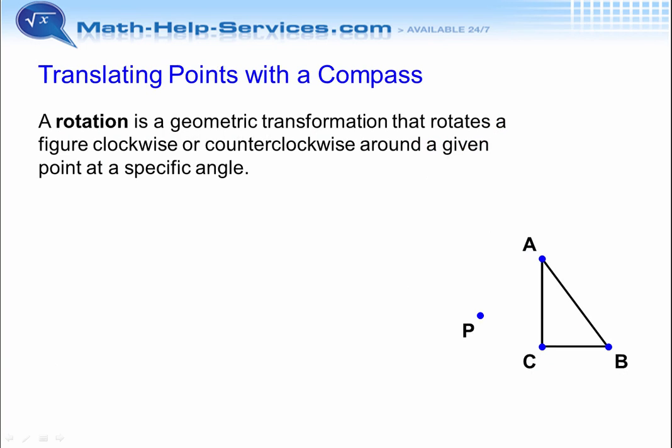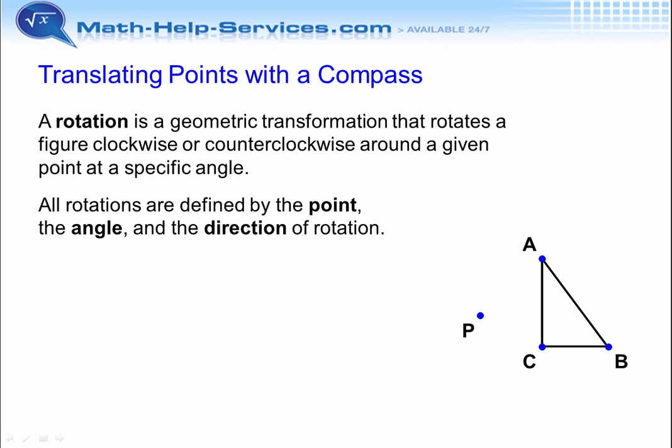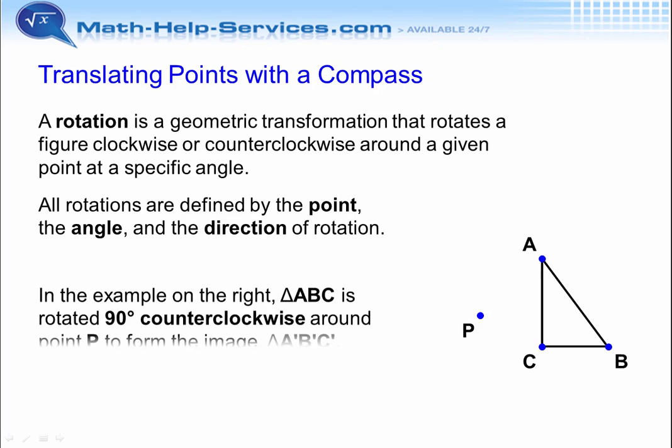Translating points with a compass. A rotation is a geometric transformation that rotates a figure clockwise or counterclockwise around a given point at a specific angle. All rotations are defined by the point, the angle, and the direction of rotation.